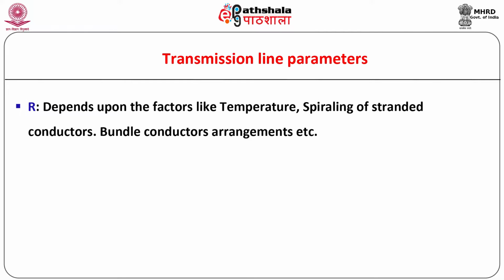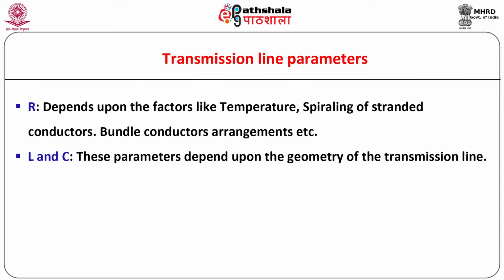The series resistance depends upon factors like temperature, spiraling of stranded conductors, bundle conductor arrangements, etc. The presence of magnetic and electric fields around the conductors is the main cause giving rise to the series inductance and shunt capacitance. These parameters depend upon the geometry of the transmission line.